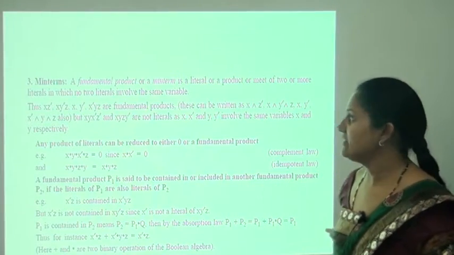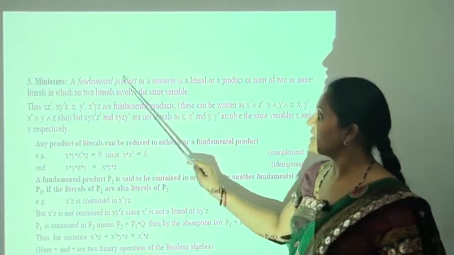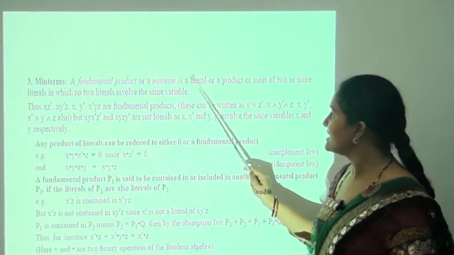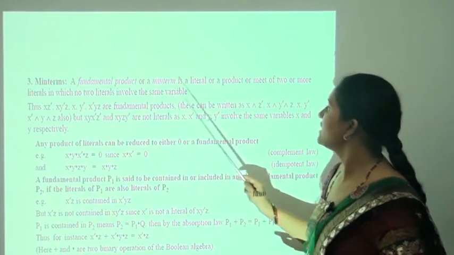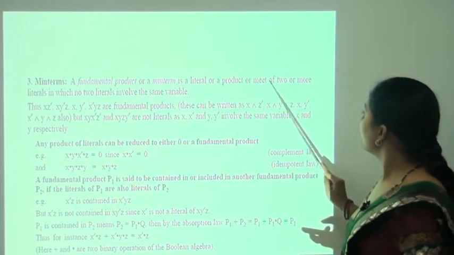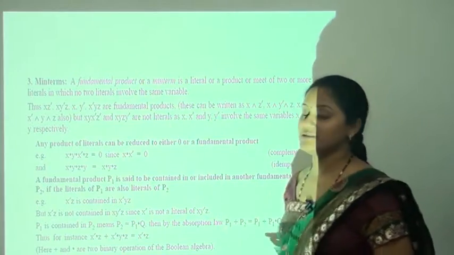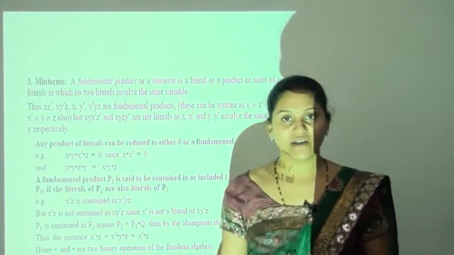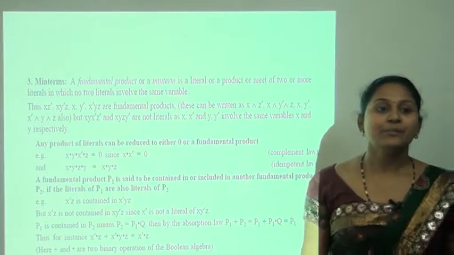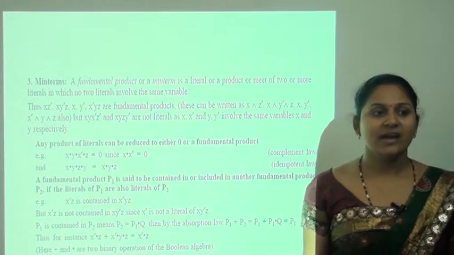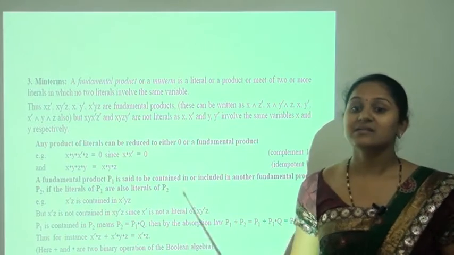Now, min terms. What is a min term? A fundamental product, or a min term, is a literal, or a product or meet of two or more literals in which no two literals involve the same variable. It means a fundamental product is another name for min terms, where we use meet and no two literals are repeated.